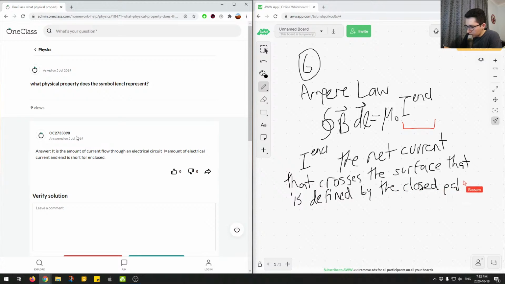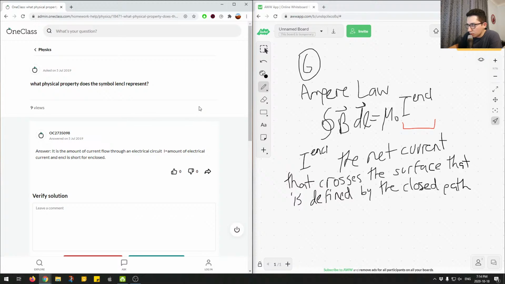So we have some current going through some wire, there's a closed path situation, and essentially this is the current over here in Ampere's law equation, and you use that current to calculate if you had some kind of givens, etc. So this is just the general definition of what I_ENC represents.